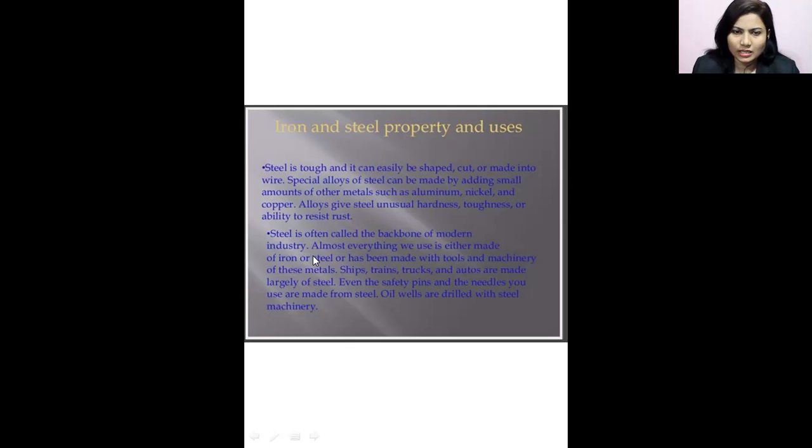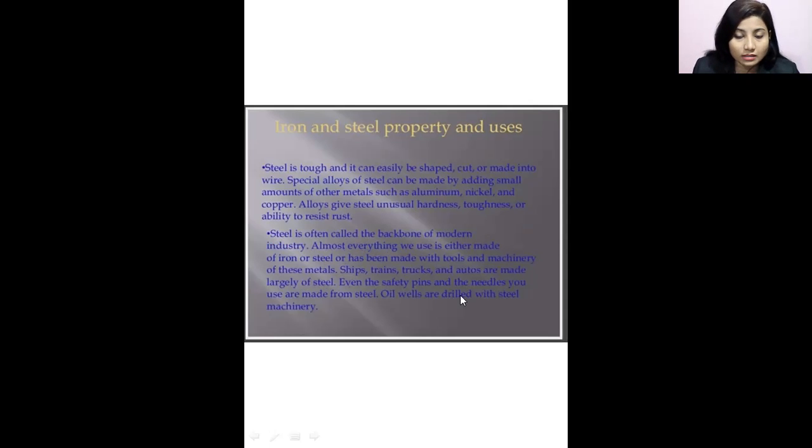For making machinery and technology, steel is important. Almost everything we use is either made of iron or steel, or has been made with tools and machinery of these metals. Ships, trains, trucks, and autos are made largely of steel.